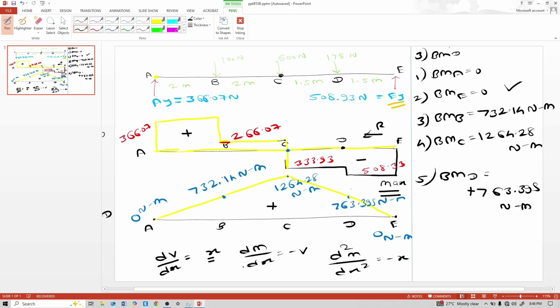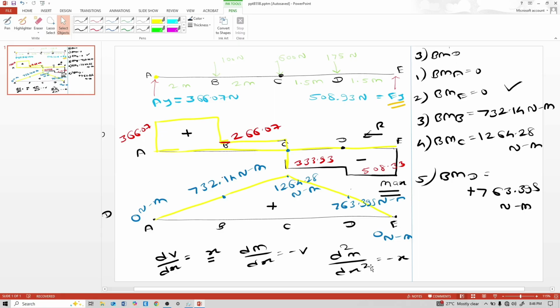So that's why I write these equations. w constant, that means in between AB there is no load. So dV by dx is also no load, but this V is one power higher, V is linear. dM by dx is equal to minus V, that means minus V is linear, that means dM by dx is also linear, but this M is one power higher, that means this is inclined.